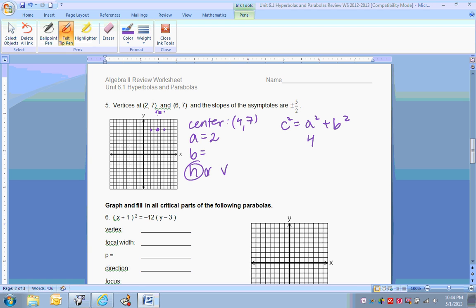So my co-vertices have to be 5 above and 5 below my center. So I know my B value is going to be 5, so B squared is 25. So C squared has to equal 29.